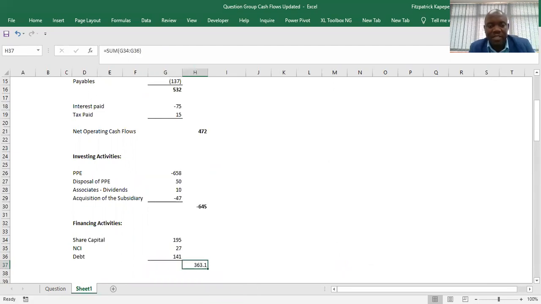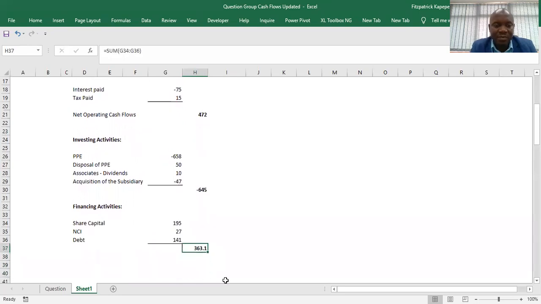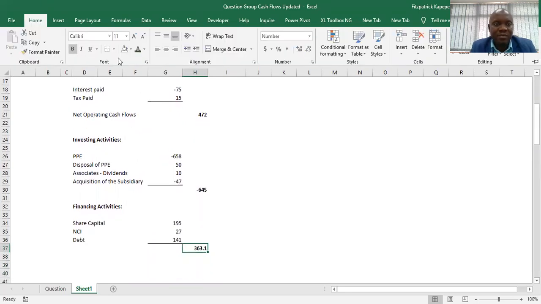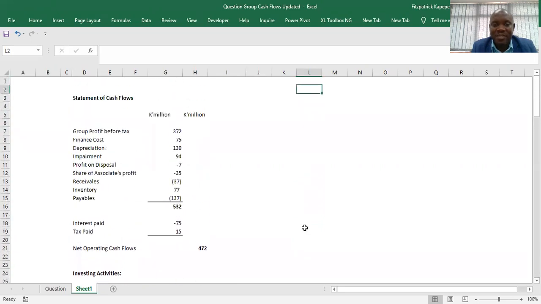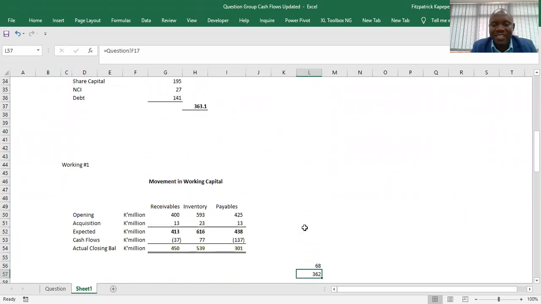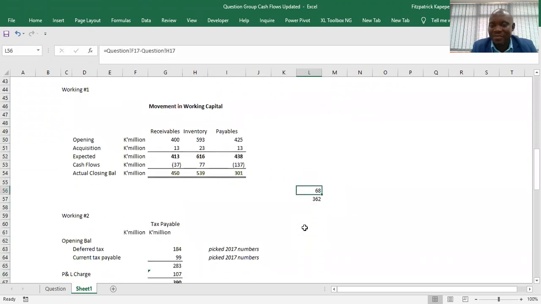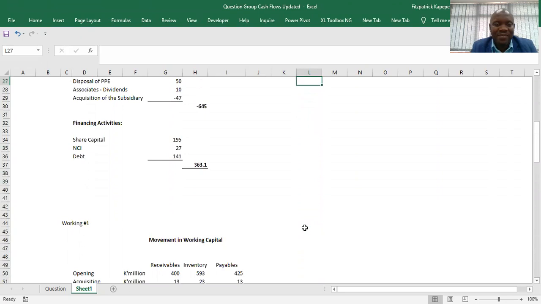Remember what we're supposed to find. I must have written it somewhere here. We must find a 68 in terms of increase or decrease in cash. Cash and cash equivalents, you can go on and write.